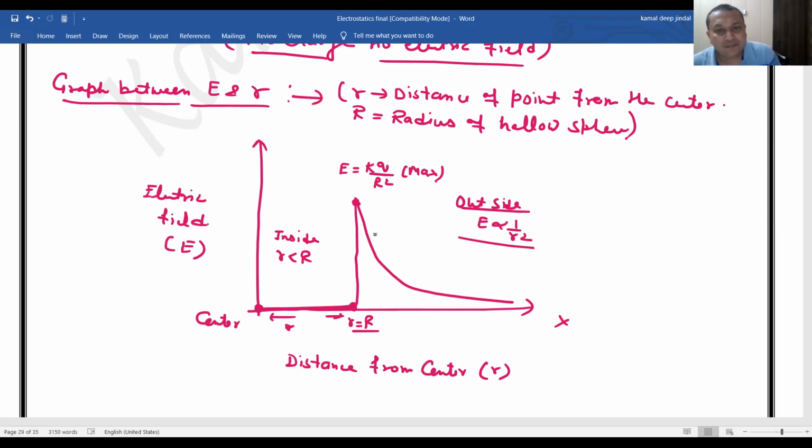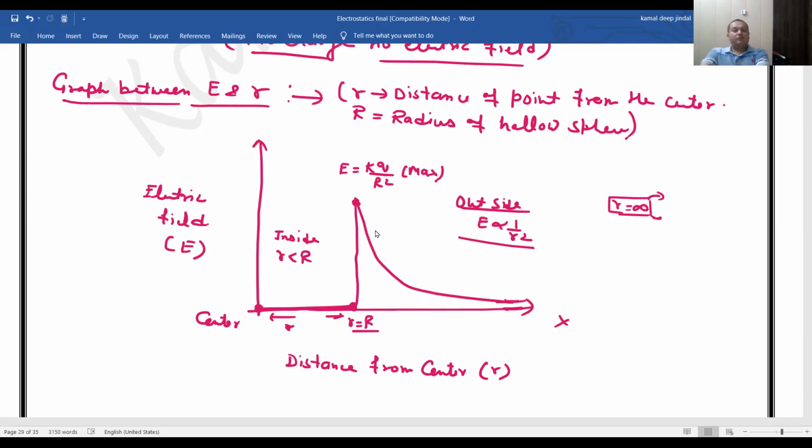This graph, remember one thing, this graph will not touch this line. Because if this graph touches this line, in this case electric field becomes zero and r becomes infinity. And infinity is that thing which is not possible, so you will never touch this graph to this line.